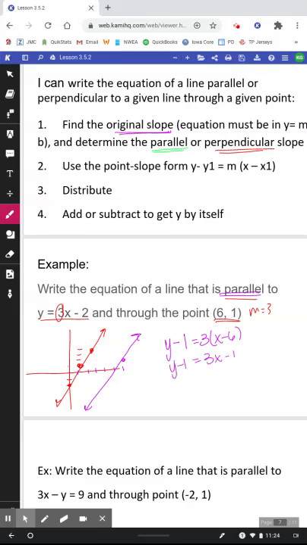Distribute on the right to get 3x minus 18. Add 1 to get 3x minus 17. And if you look, this one is going down really fast, and so it's probably going to end up crossing at -17. And the slope of the red line and the purple line are the same, and so I know they are parallel.